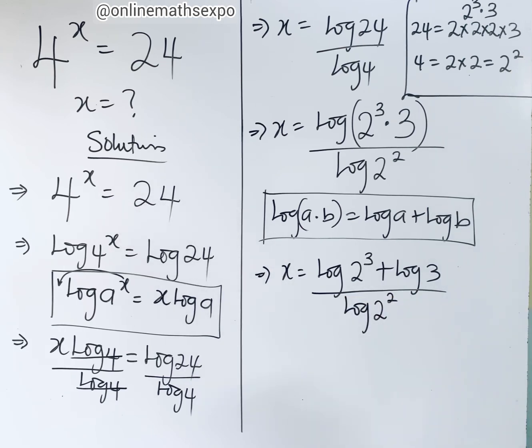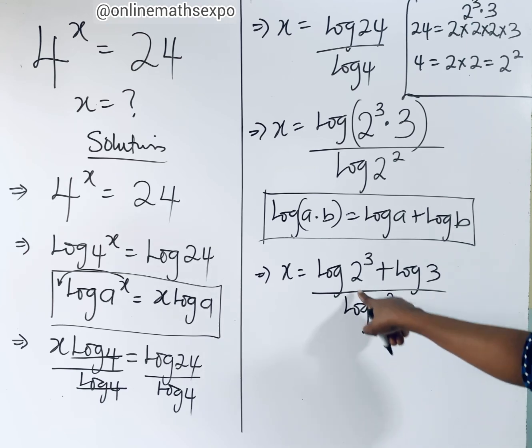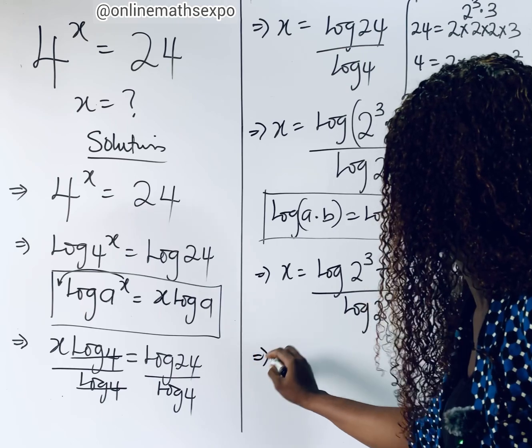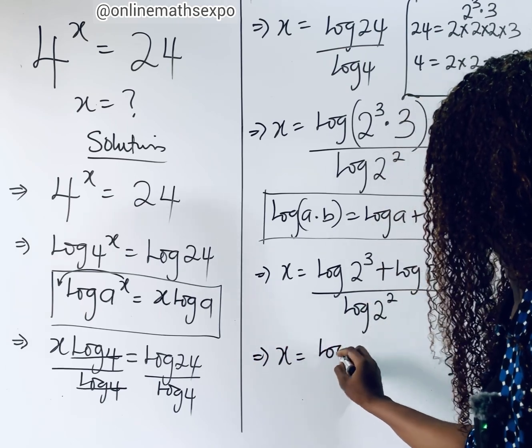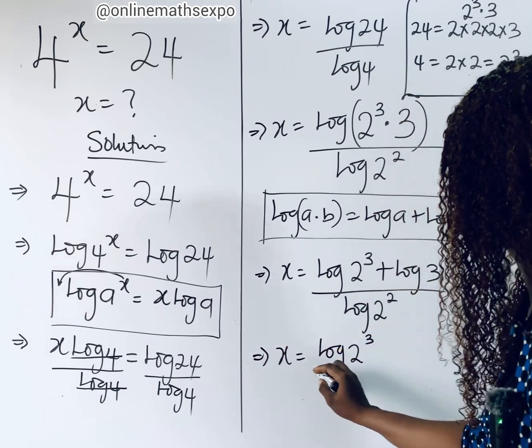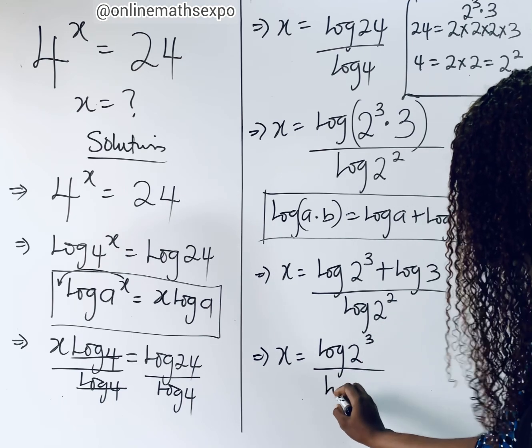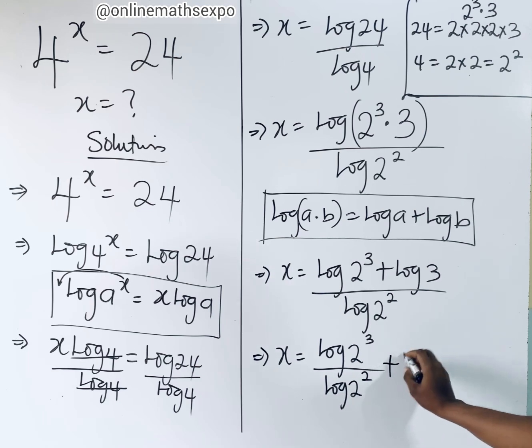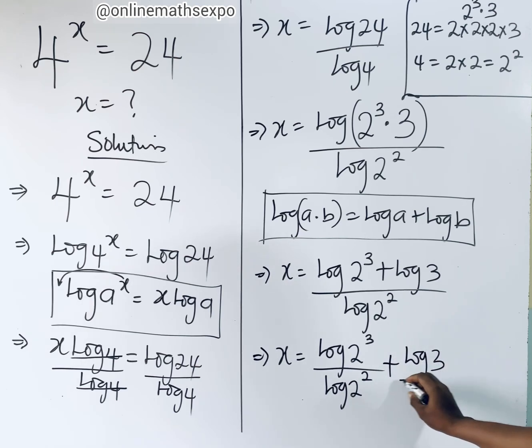Now, also know that this denominator is affecting both terms in the numerator. So you are free to split it to now have x is log of 2 to the power of 3 divided by log of 2 to the power of 2, plus log of 3 divided by log of 2 to the power of 2.